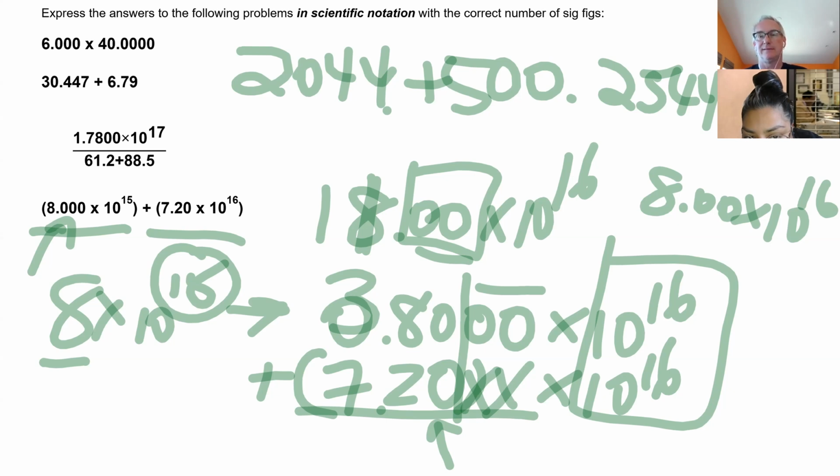Because if you just have 8 followed by 16 zeros, you have no idea how accurate that number is. That's why scientific notation comes in so handy, because without it, we only think there's one significant digit. We wouldn't know. So you'd have to show it in scientific notation.